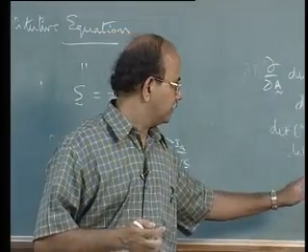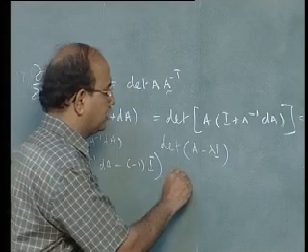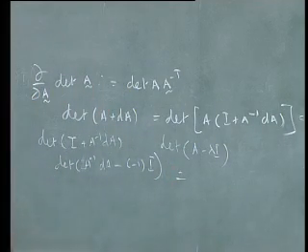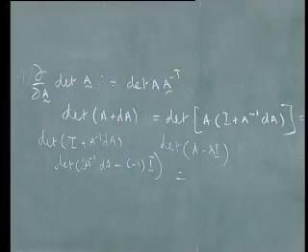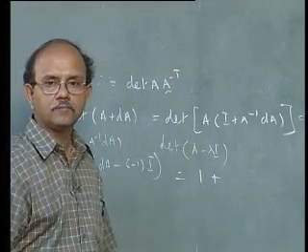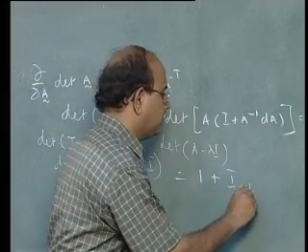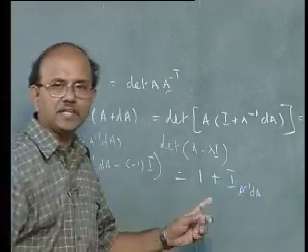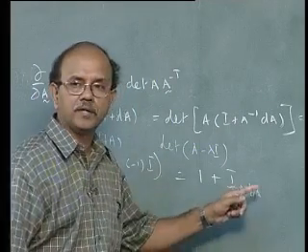So let's say how you will write it down. Substitute for lambda, and simple, you will get 1 plus the first invariant of A inverse dA. I'm just changing the notation slightly because if I write I2 here you will get confused.